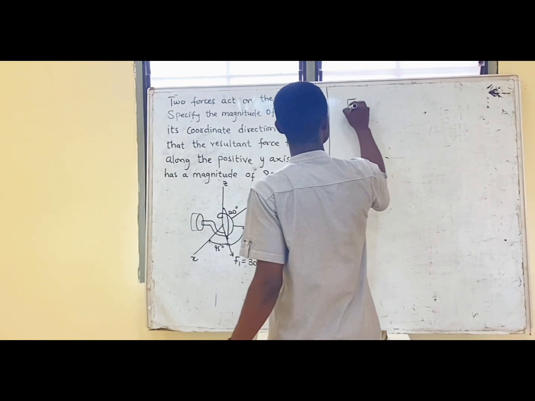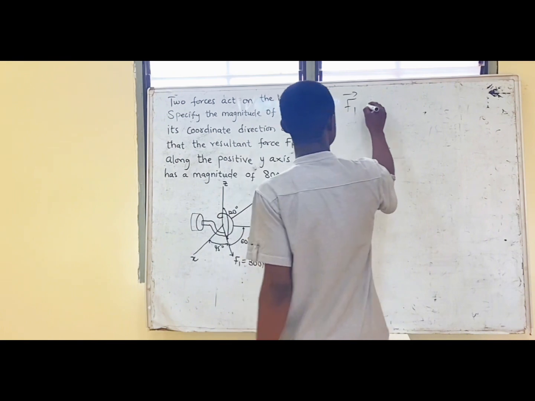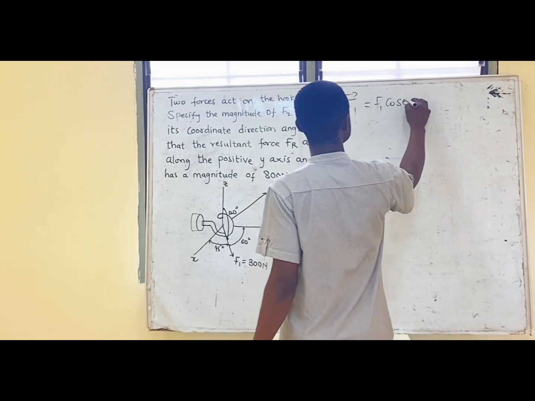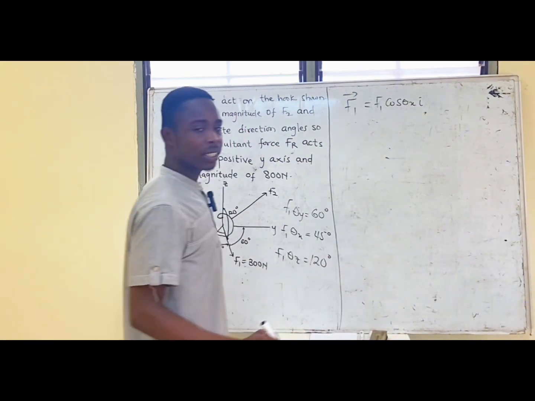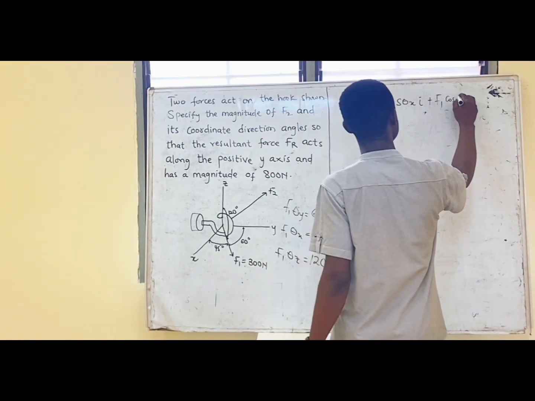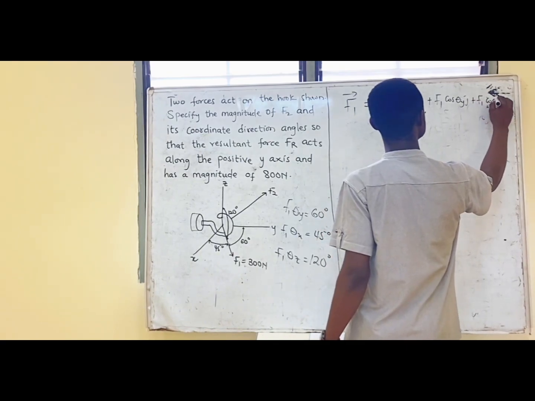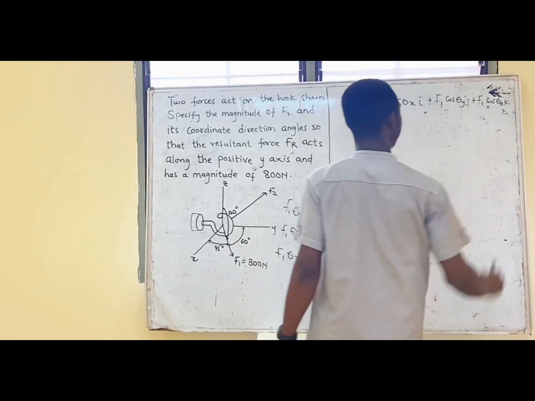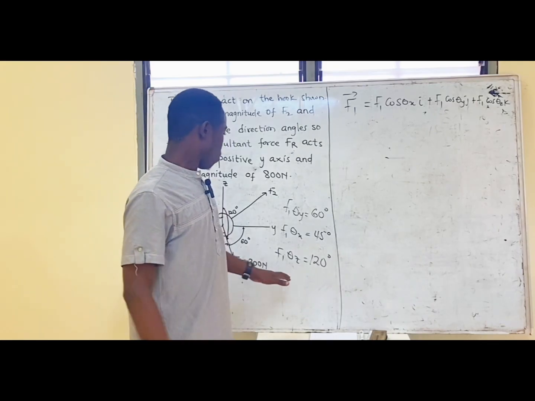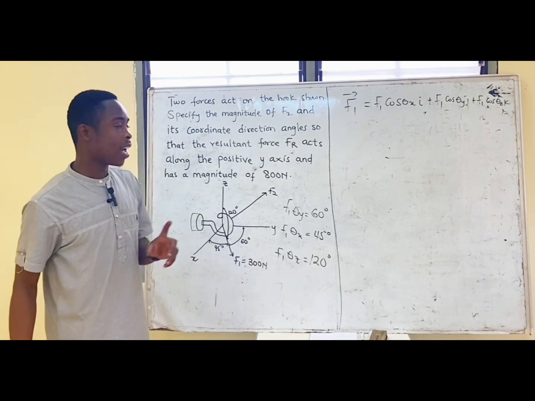Very good. Now, we want to express this F1 or the force 1 in a Cartesian vector form. So F1 bar, which is F1 in a Cartesian vector form, equals the magnitude F1 cos theta x i, plus the magnitude F1 cos theta y j, plus the magnitude F1 cos theta z k. All that we are trying to do is represent this force F1 in a Cartesian vector form.